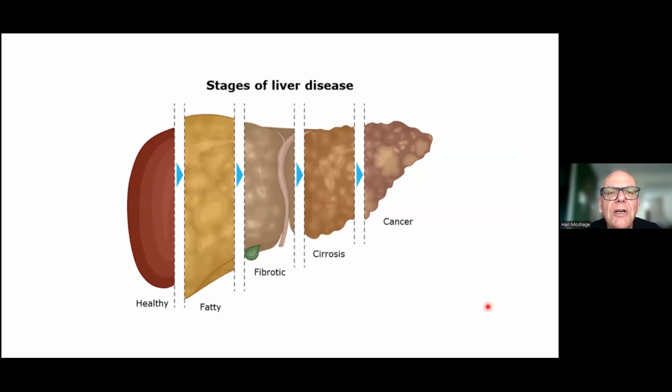Now, if we talk about liver diseases, there are several stages. Like in any disease, there are several stages of disease. Here you see the healthy liver, and it has a brown color because of the iron storage function of the liver. So the brown color of the liver is mainly iron.